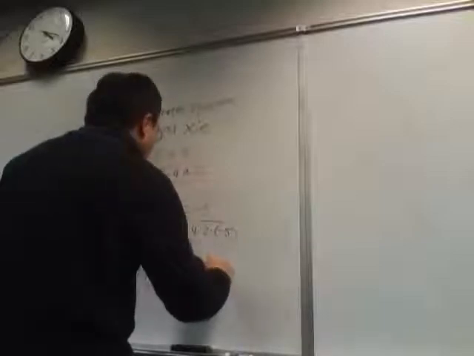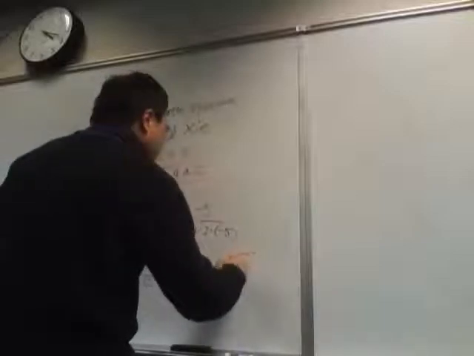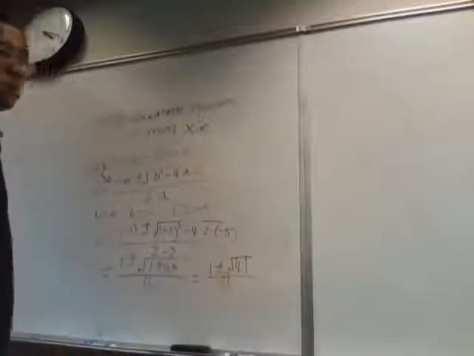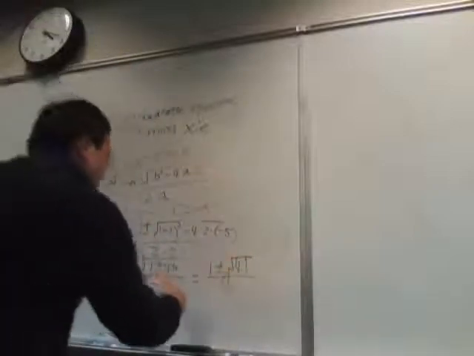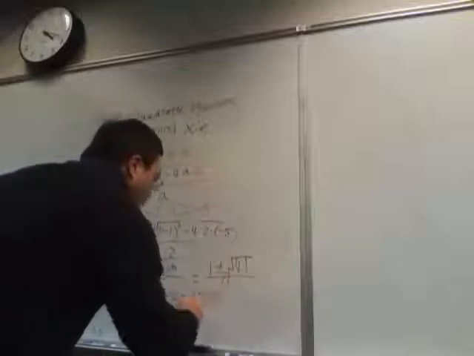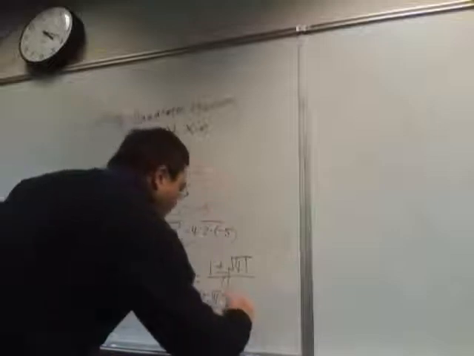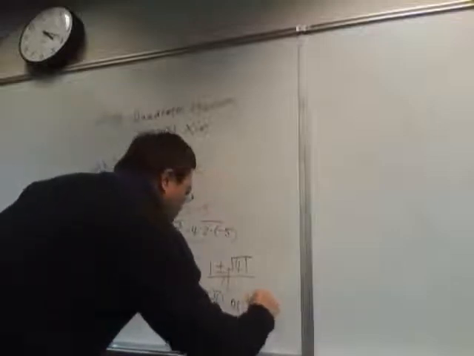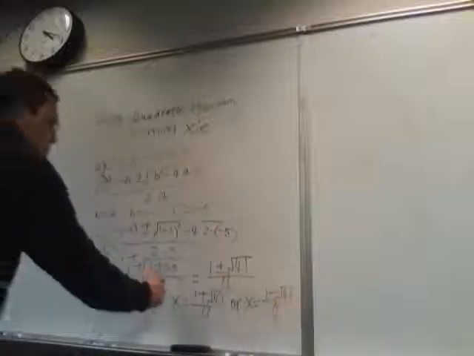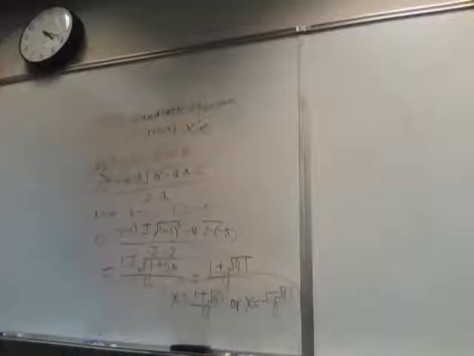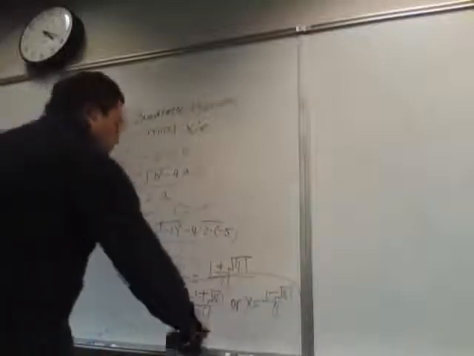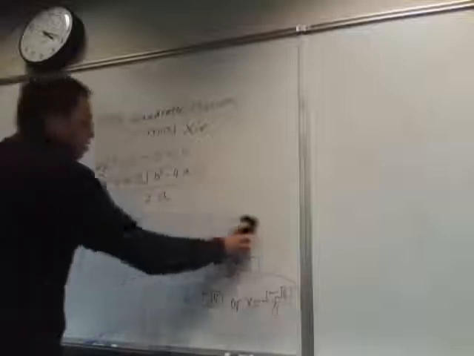So that's 1 plus or minus radical 41 divided by 4. Now we have two answers, right? So x equals 1 plus radical 41 divided by 4, or x equals 1 minus radical 41 divided by 4. We solved for the two answers. That's easy, we use this one. Let me give you another example.